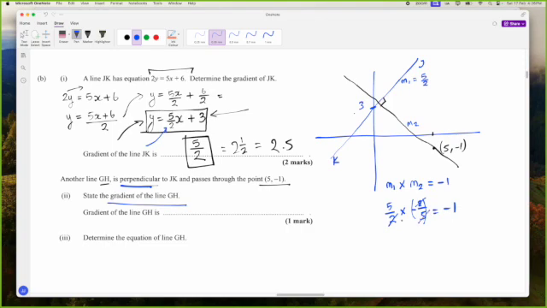The 5 will cancel with this 5. And this negative is what will cause the negative. And so you'll just end up with negative 1. So when you're met with this situation, just flip it and put a minus sign in front of it, and you're good to go. So we can see that the gradient of the line GH, the perpendicular line, is minus 2 on 5.